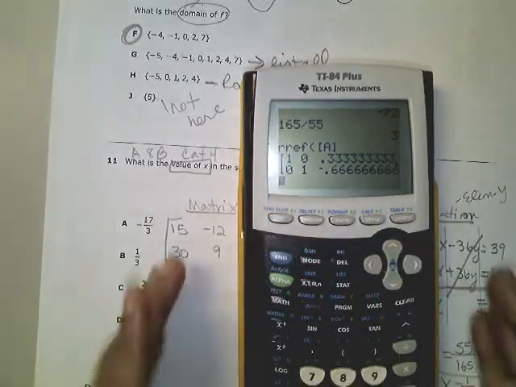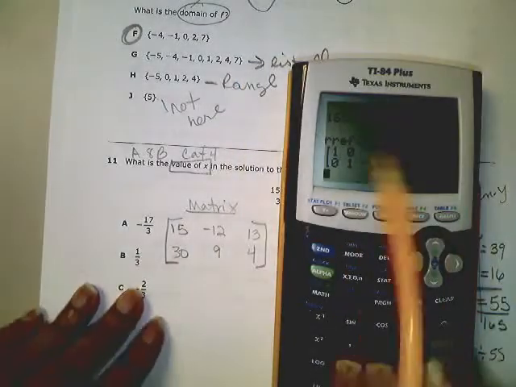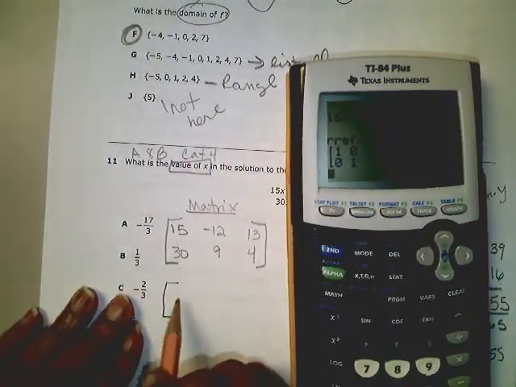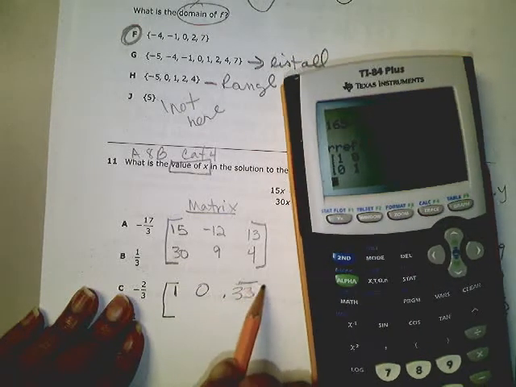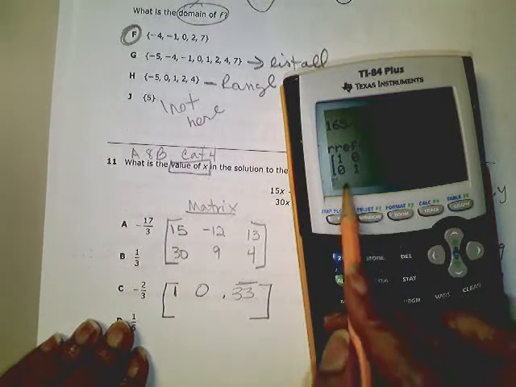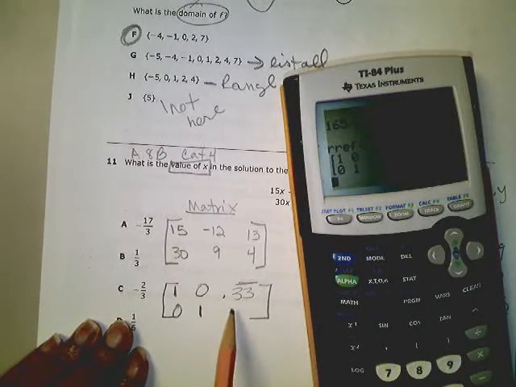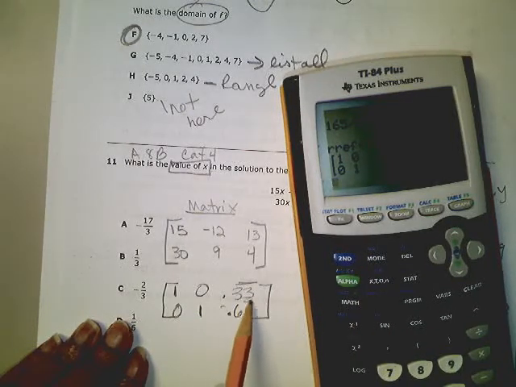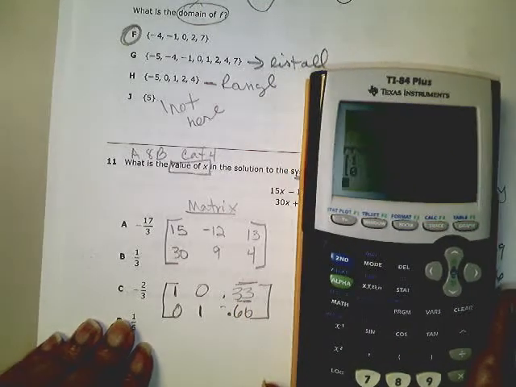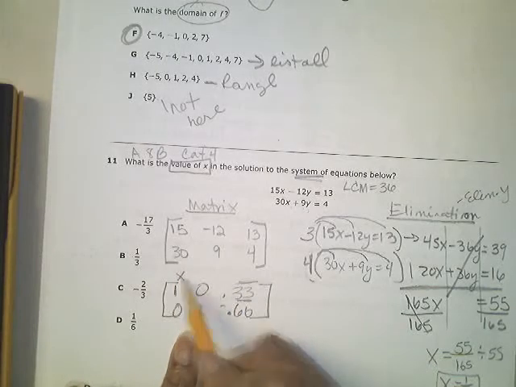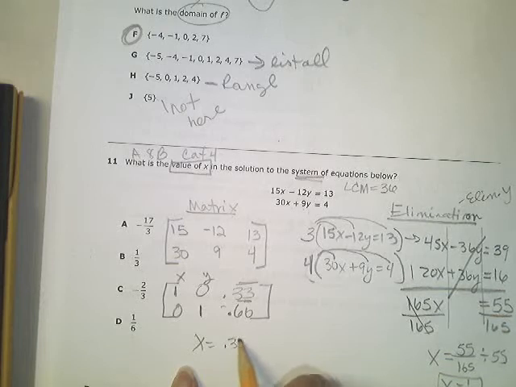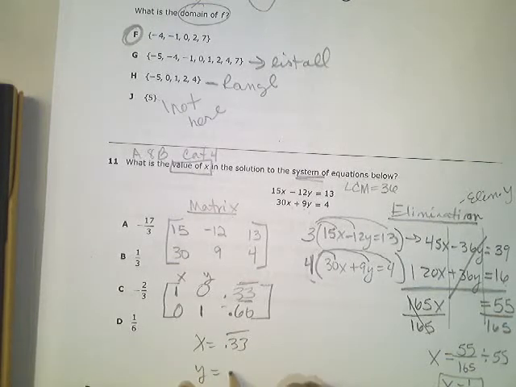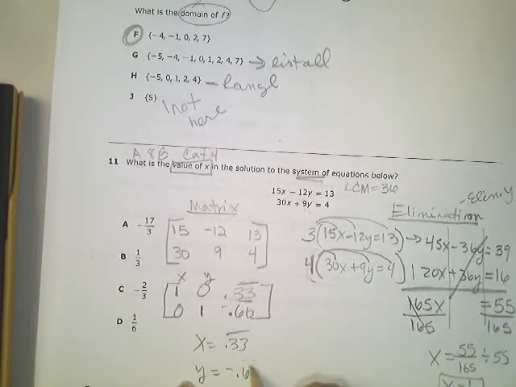This is saying X is .33 repeating, close your brackets, and then this one is saying that Y is negative .66 repeating. That's X, this is Y. So X is equal to 0.33 repeating, and your Y value is negative 0.66 repeating.